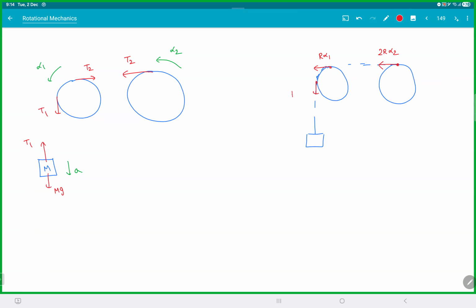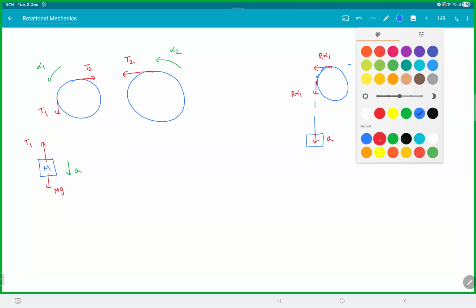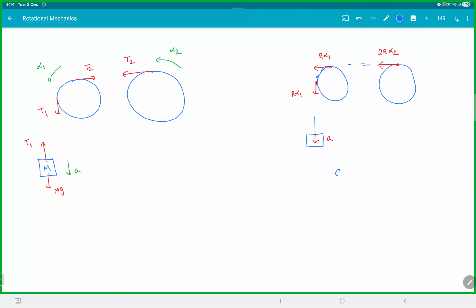This point is going down with r alpha 1, and this point is going down with the block. Since it is not slipping, the acceleration of the string along that must be same. So a is equal to r alpha 1 and r alpha 1 must be equal to 2r alpha 2. This is your no slipping condition. So as expected, alpha 1 is not equal to alpha 2. Alpha 1 is equal to 2 alpha 2. Please check these things. This is the first step, FBD and constraints.